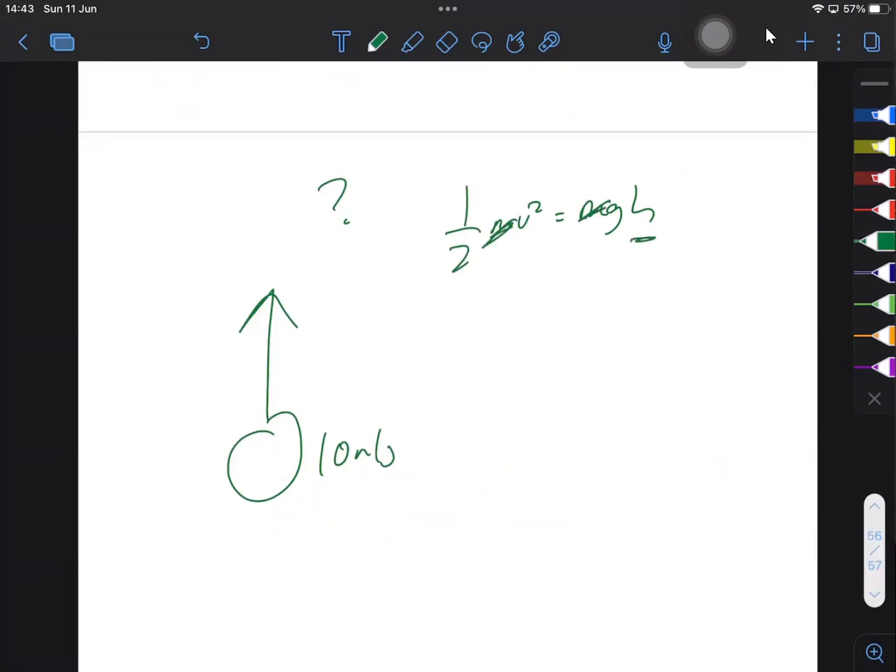From here, you should be able to find h. Can you press your calculator and tell me how much h is? 5.1 meters. Did everyone get it? Anyone couldn't get 5.1?